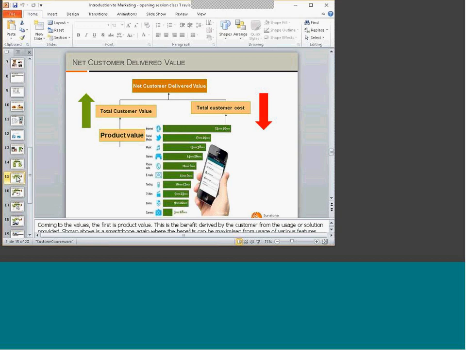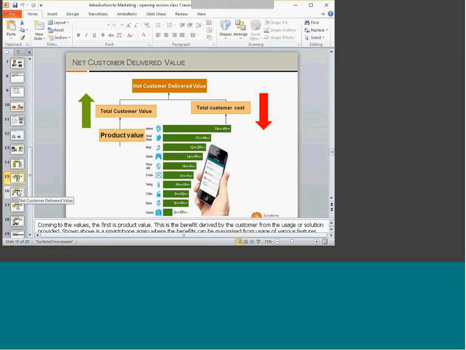Do not also try to put only ratings, like 5 on 10 or 7 on 10. Please put actual rupee numbers. Only then will you actually understand this concept and get into understanding the NCDV. As I said, the numbers do not matter because it is comparative and the difference between the two matters. So that's product value.